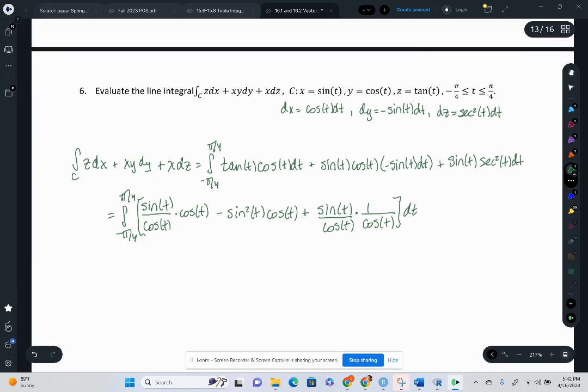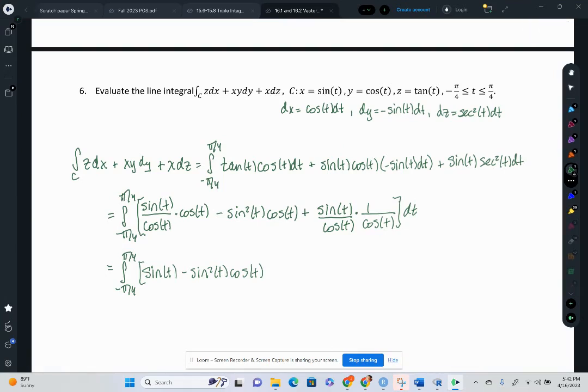All right, so this simplifies. Minus pi fourths to pi fourths. The first term, the cosines divide out. I am left with sine of t. The second one, there's no hope for it. It's just sine squared of t, cosine of t. The third one is tangent times secant, or otherwise written as secant tangent.